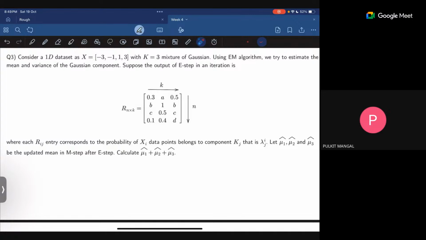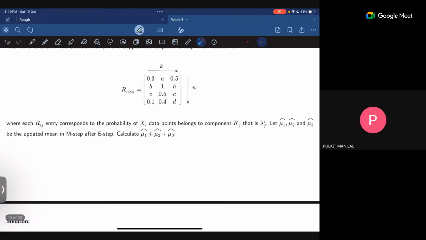This is the probability that the fourth data point, that is this 3, belongs to component 1. That is the conditional probability, or we say the posterior probability. I hope everybody remembers how you find this lambda ij: pi k into nk divided by the summation from i equal to 1 to k of pi k nk.